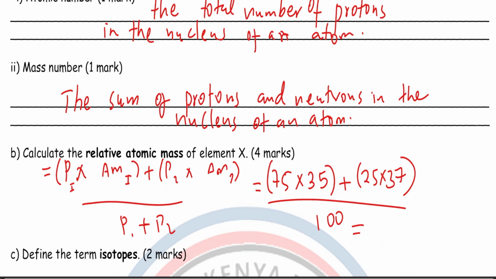So let's see how much it gives us. 75 times 35 plus 25 times 37 divided by 100 should give us 35.50. So yeah, that's the relative atomic mass, RAM.